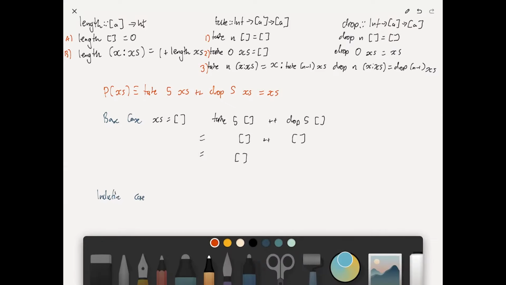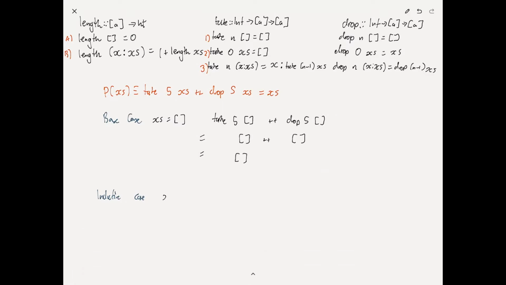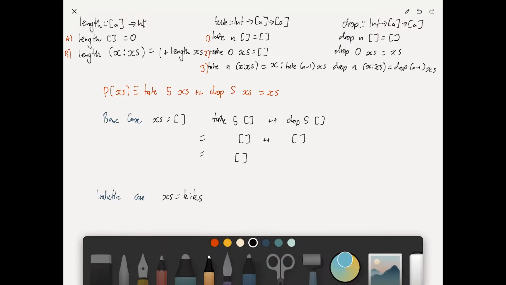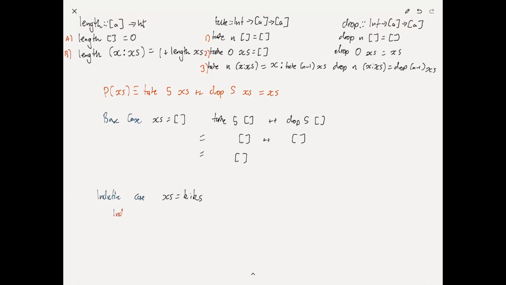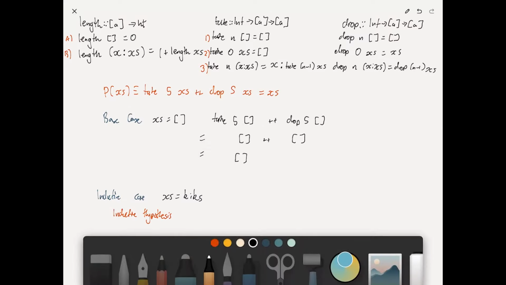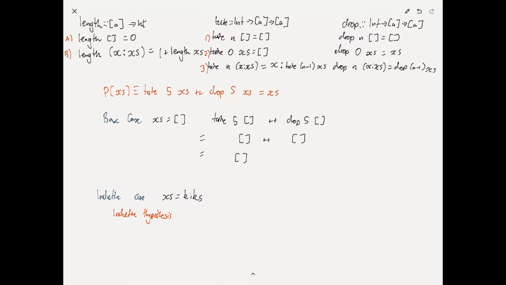well, X's is going to be k followed by k's, and I'm going to have an inductive hypothesis that take 5 of k's plus plus drop 5 of k's equals k's.